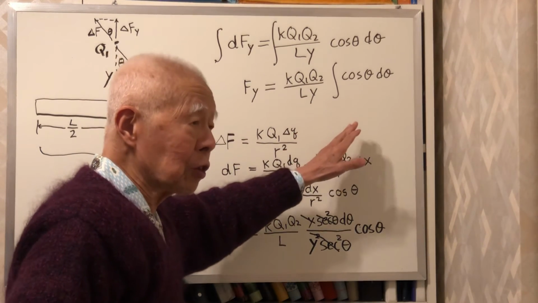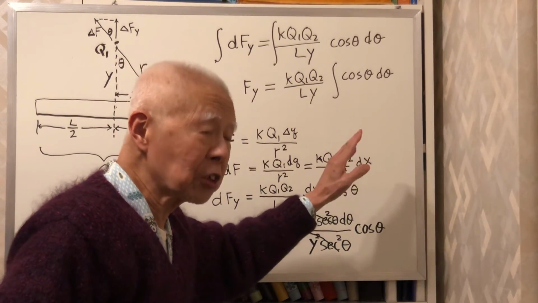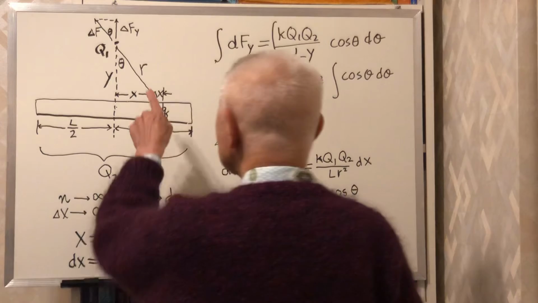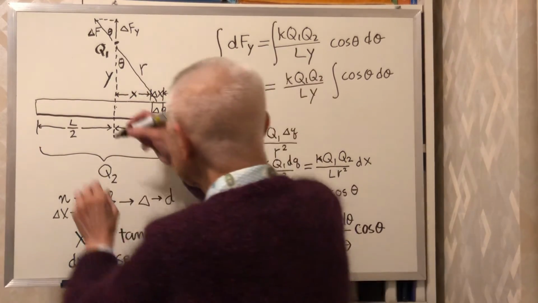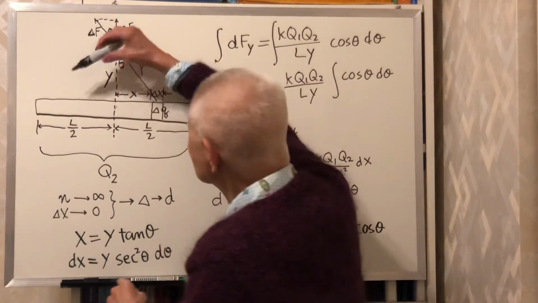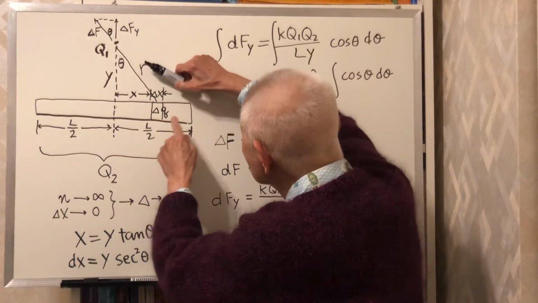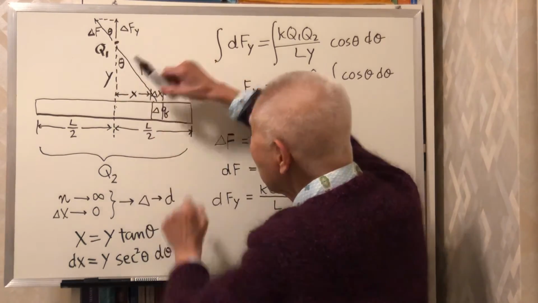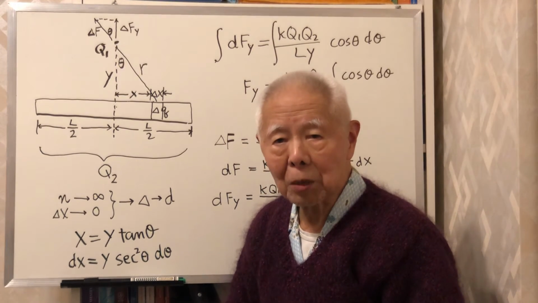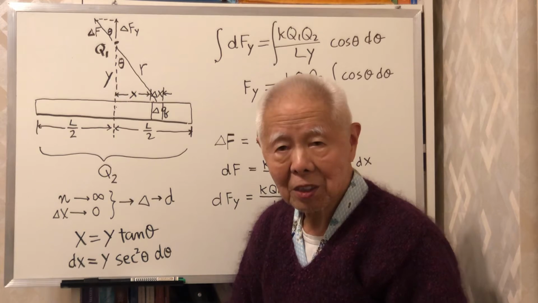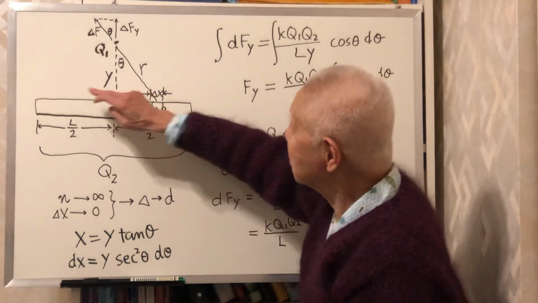What are the limits of integration? We must look at the variable theta. So from this end to this end, the theta is from this theta to this theta. You see the lower limit and the upper limit have the same magnitude, right?